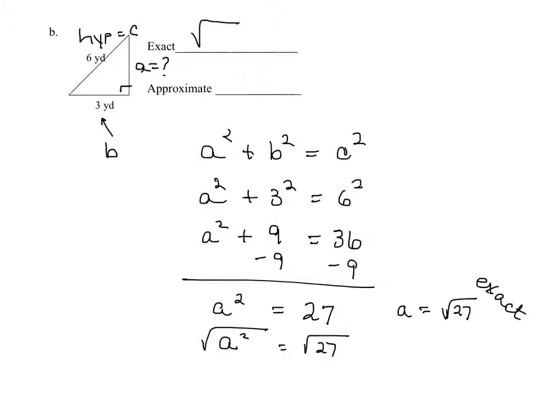So I'm going to write square root of 27. And the approximate thing is you put it into your calculator and we get 5.196. And they're always asking for 3 decimal places.